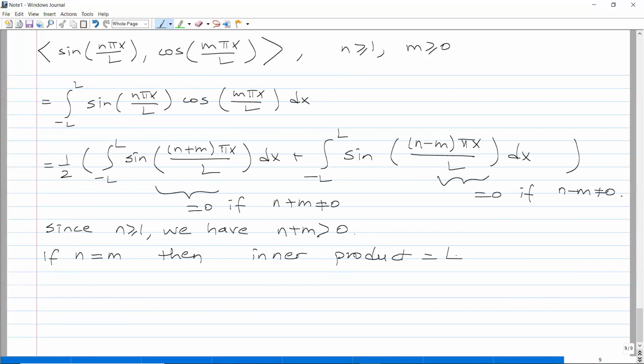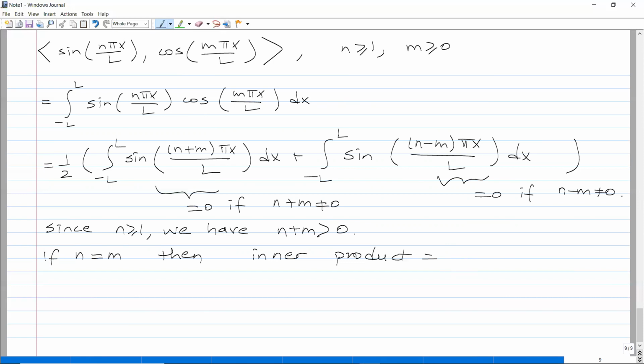The second integral, oh, wait. No, okay, let's see. If n minus m is 0, then sine 0 is 0. So the second integral is also 0.